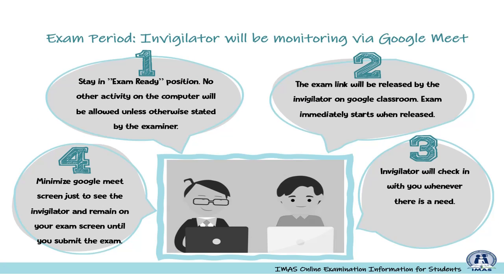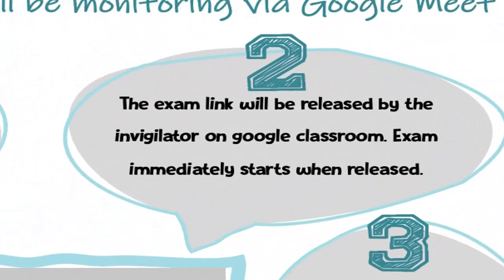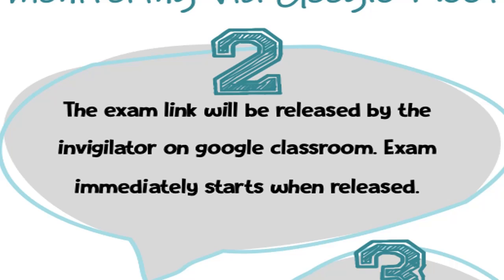Step number 3 of the IMAS online exam process is the exam period. Invigilator will be monitoring via Google Meet. Number 1, stay in exam ready position. No other activity on the computer will be allowed unless otherwise stated by the examiner. Number 2, the exam link will be released by the invigilator on Google Classroom.